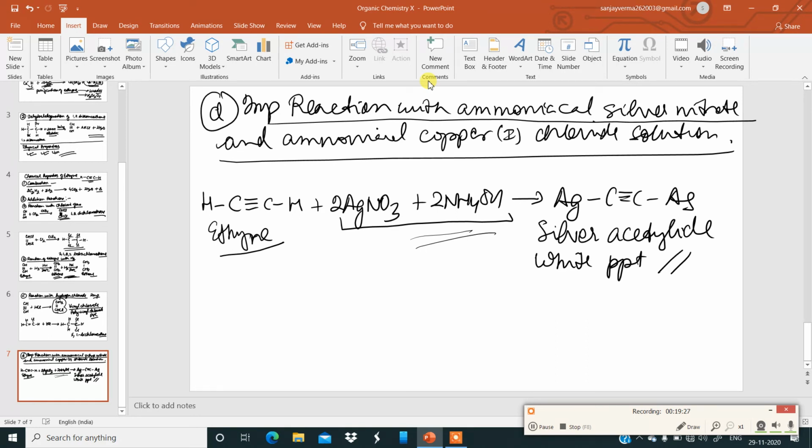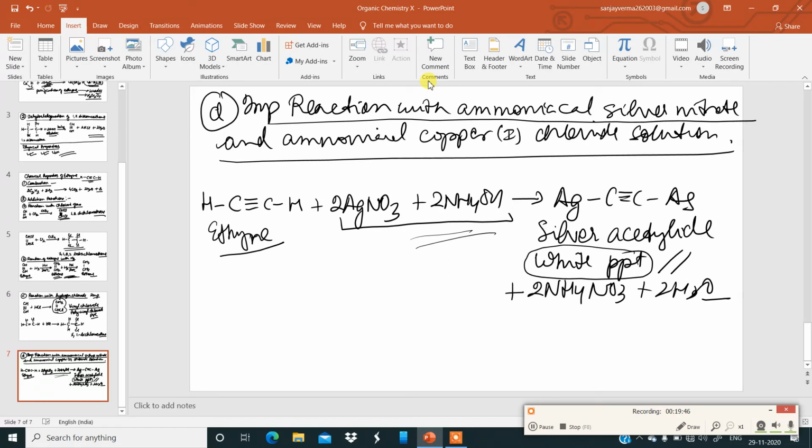Here the other products are ammonium nitrate and water. Okay, that is reaction with ammoniacal silver nitrate solution, ethyne giving a white precipitate. Please try to remember the observation over here.